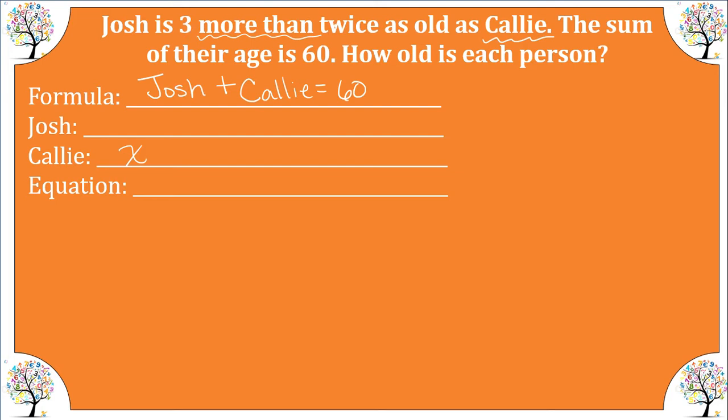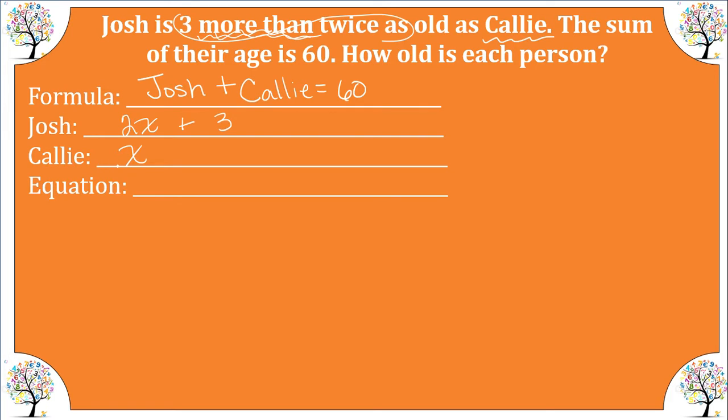Twice as old as Callie is 2 times X, because Callie is X. So Josh is 2 times Callie plus 3 more years. We see the plus 3 at the beginning of the sentence, but when we write the expression mathematically, because it has the words more than, we flip it to the back and put the 2 times Callie at the beginning.